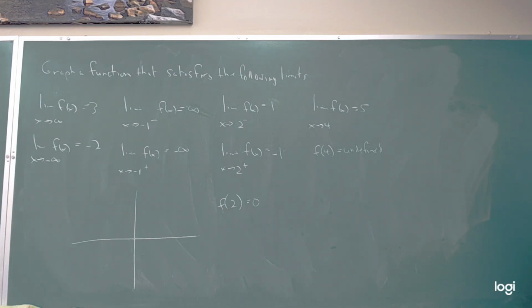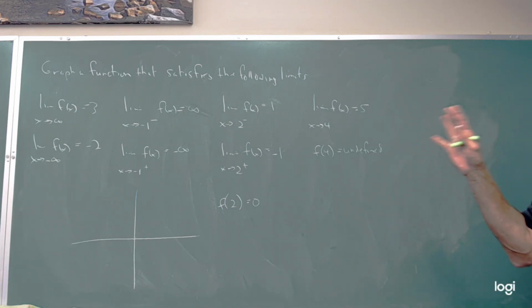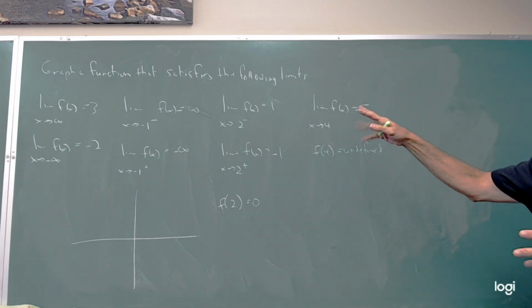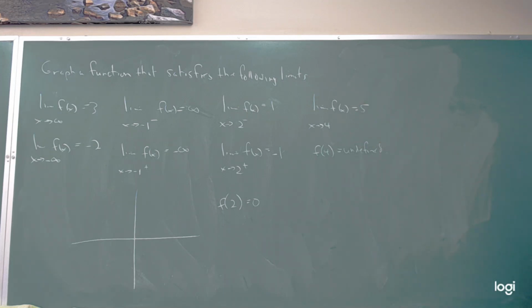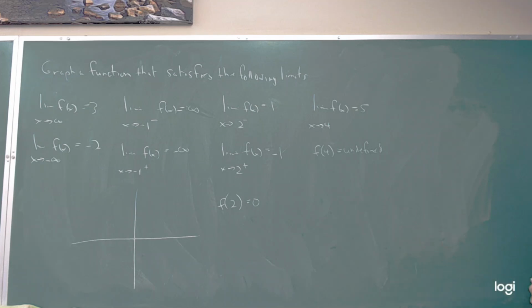So as you're writing this down, what I'm going to do first is go through and kind of make notes on the graph about features that it has to have, how we're going to accommodate all these limits. Then I'm going to come back and go from left to right and actually draw the graph. But first I'm just going to try to make notations about how we can come up with something that's going to do all these limits.